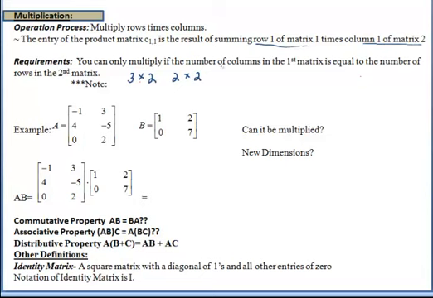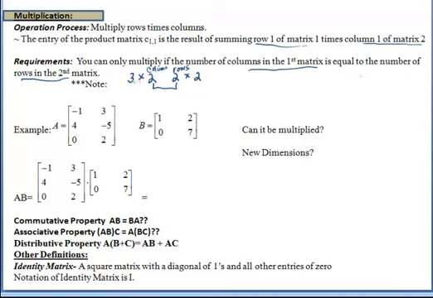Well, as the requirement states, these are the number of columns in matrix 1. There's 1, 2 of them. And this is the number of rows in matrix 2. So does the number of columns in matrix 1 equal the number of rows in matrix 2? They sure do. So we can go ahead and multiply these.